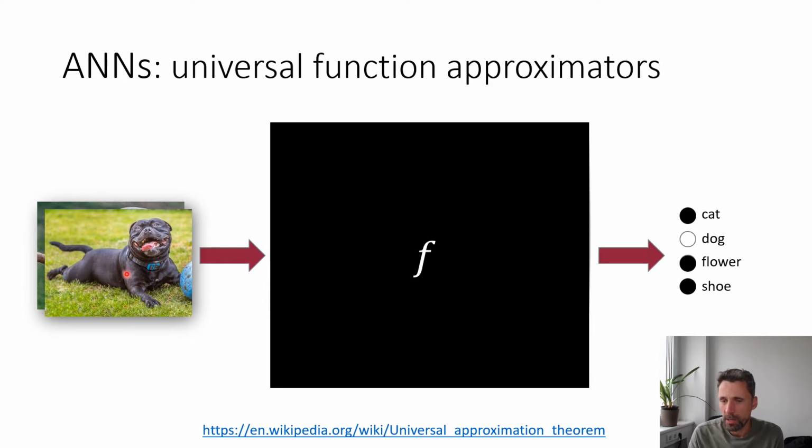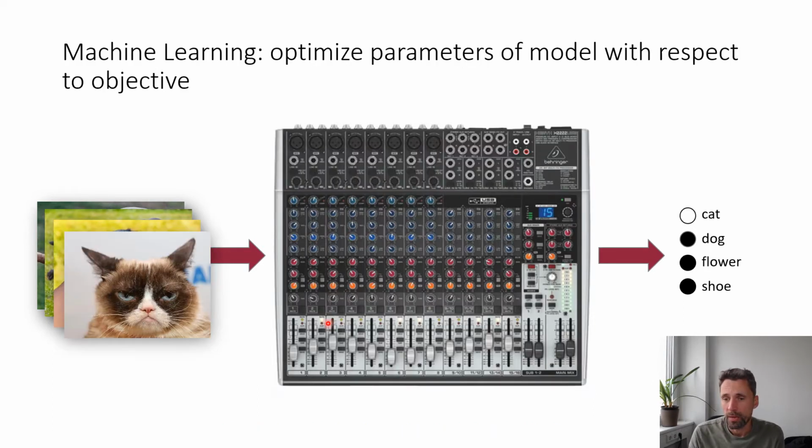And then we collect many of those input-output samples, and in the end we want to train that network, which basically means we want to optimize all its parameters such that the error is minimal. And that's what we do in machine learning, and that's what we will do throughout the whole lecture.